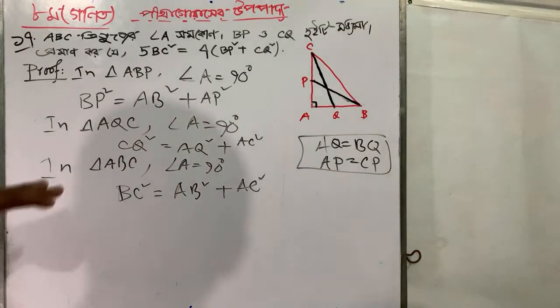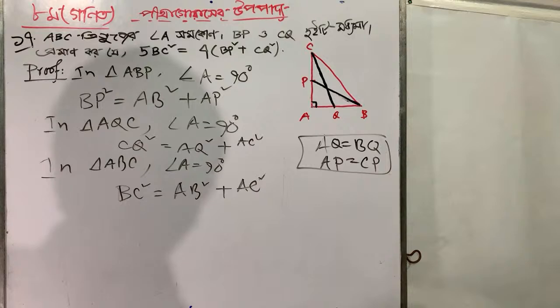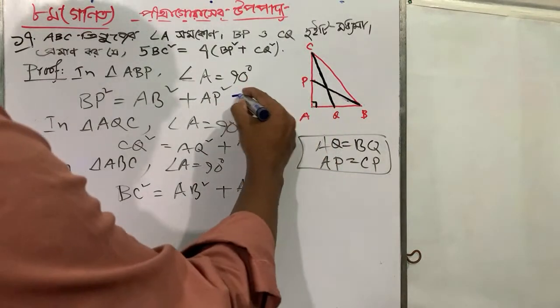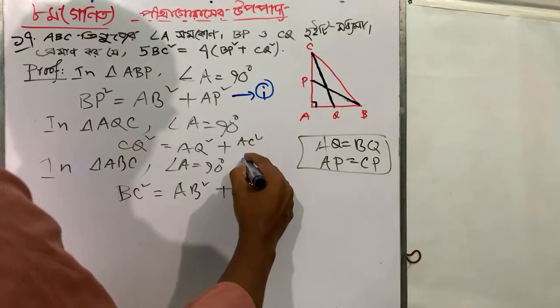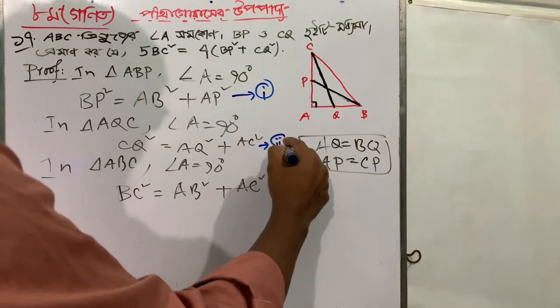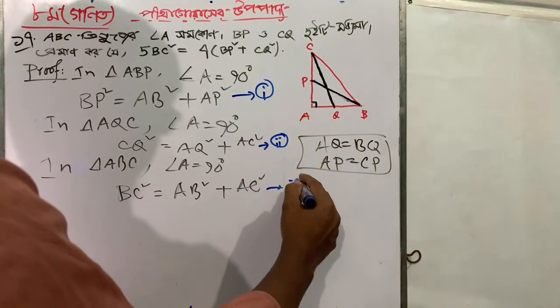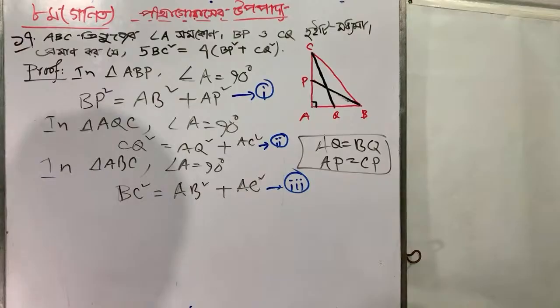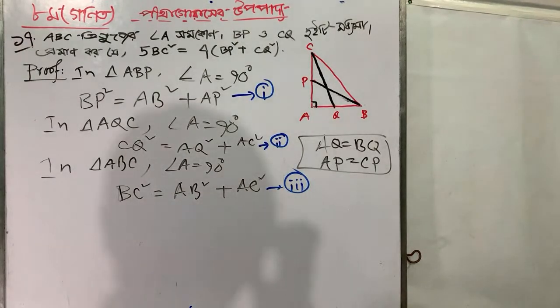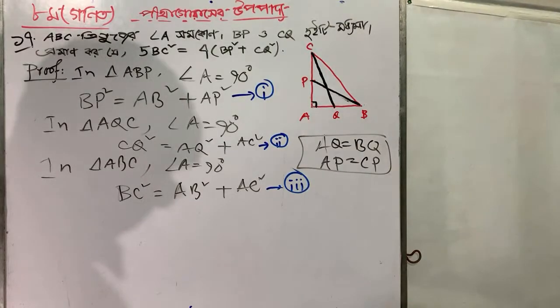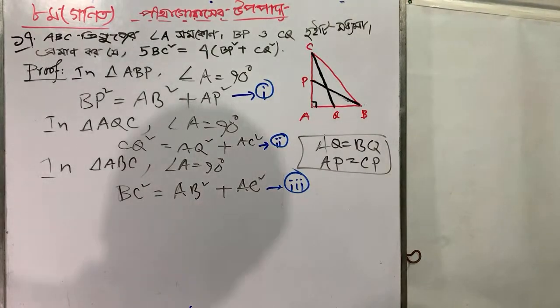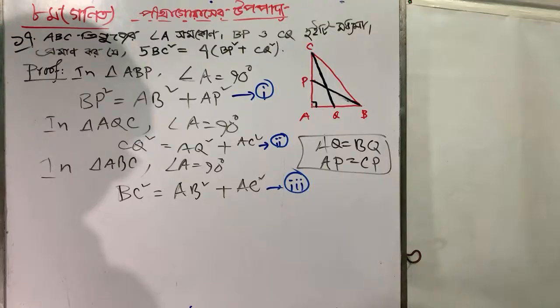Hence, we have found these three equations. Let's call this equation number 1, this is equation number 2, and this to be equation number 3.